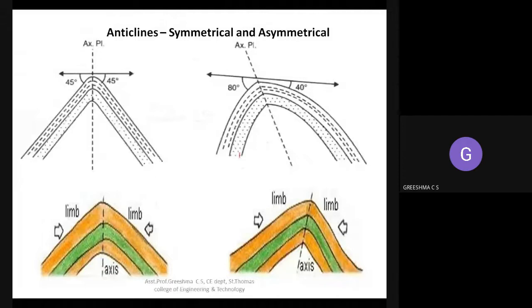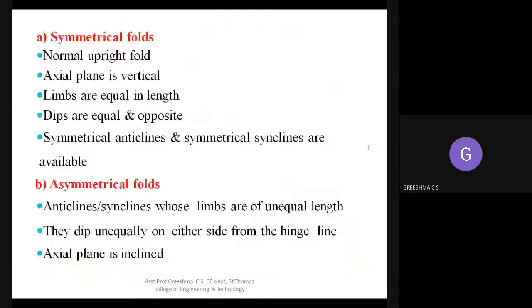That means the limbs are not equal. This is one limb, this is another limb. So these anticlines or synclines have limbs of unequal length, and they dip unequally on either side from the hinge line.